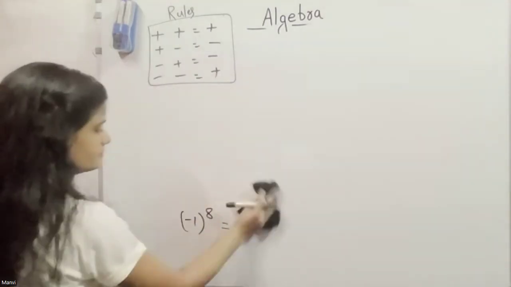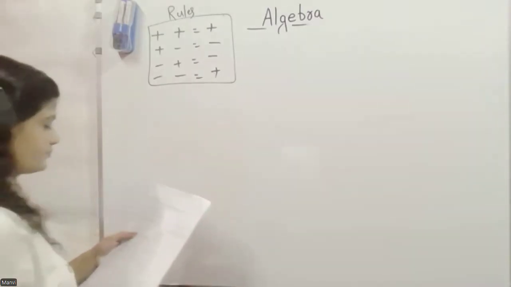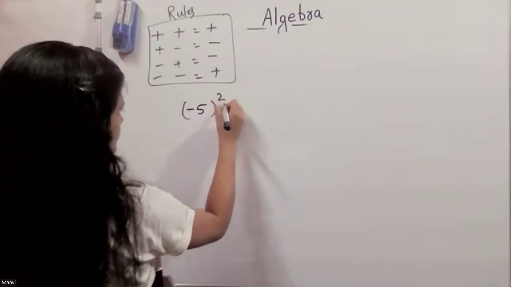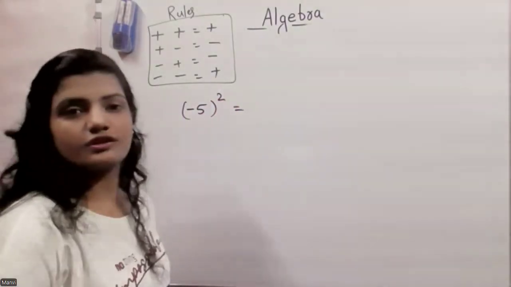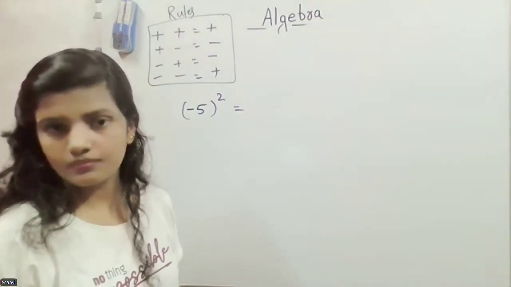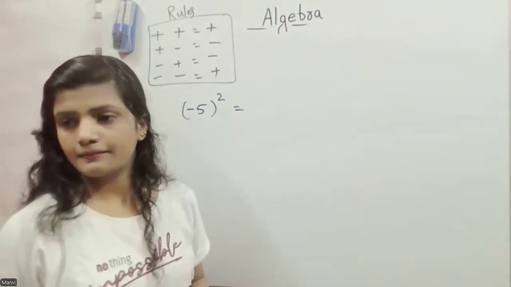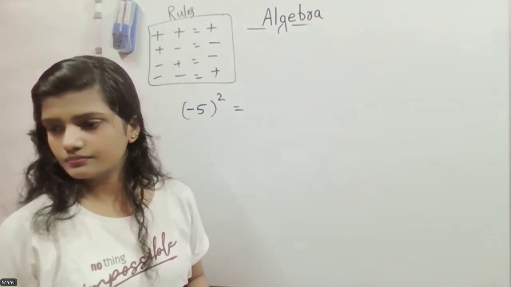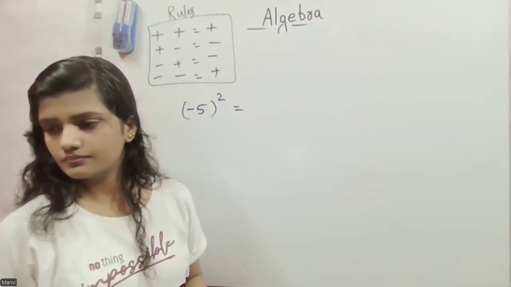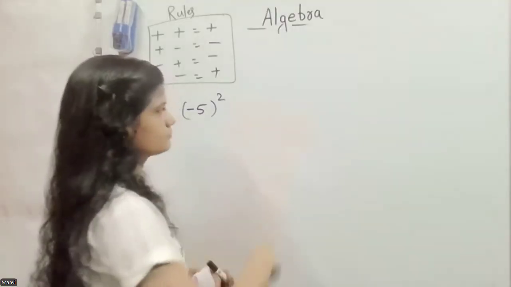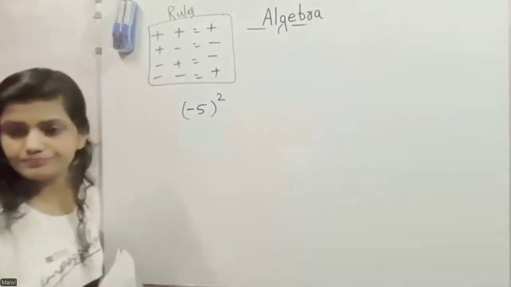What's next? We're going to learn. What is the answer for this? What will be the answer for this, Kavya? Minus 5. Minus 25. Okay.